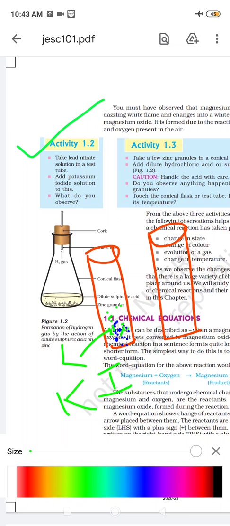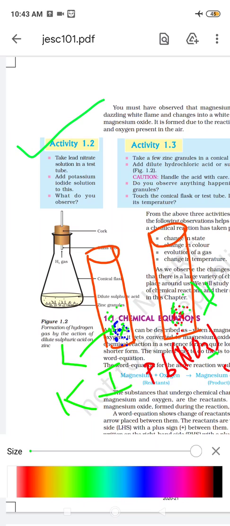Okay. Now take another test tube, and take some lead nitrate, Pb(NO3)2. Okay. Take some water into it. So this is the solution of lead nitrate. Okay.